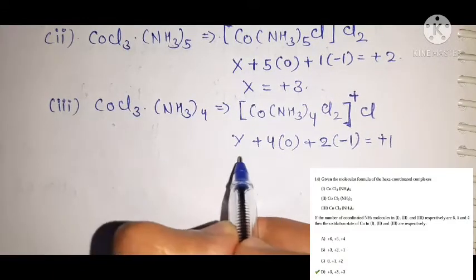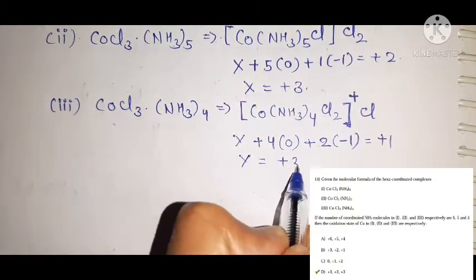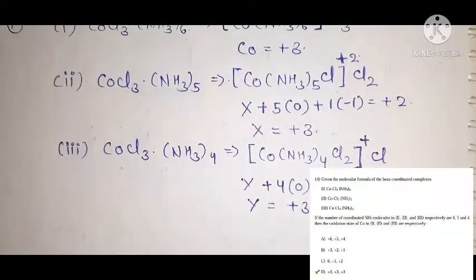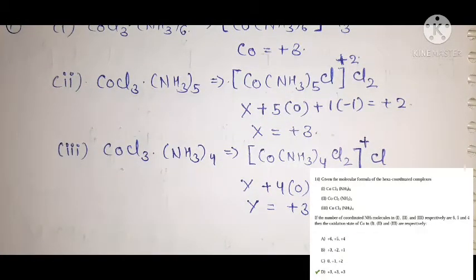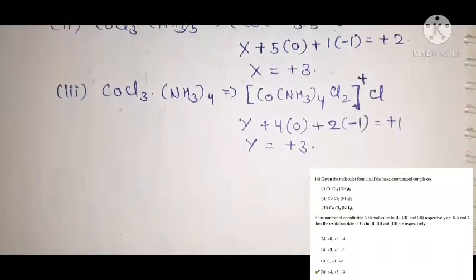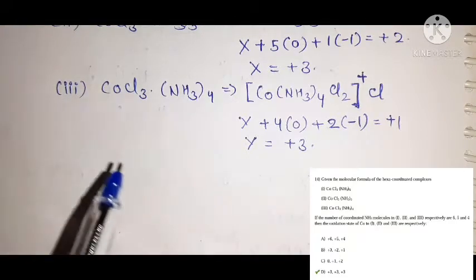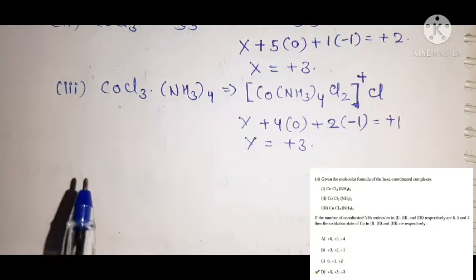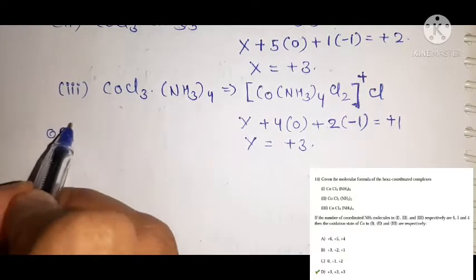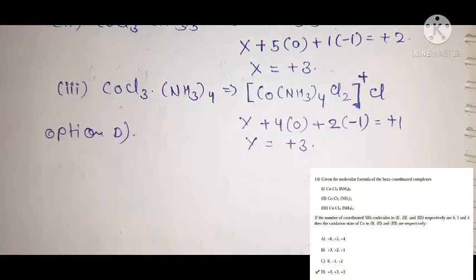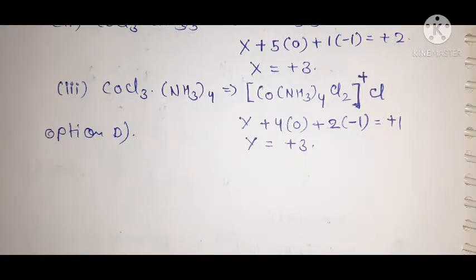When you solve this equation, you get Y equal to +3. So in all three complexes, the cobalt central metal atom is present in +3 oxidation state. According to this result, option D is the correct answer for this question. Understand friends?